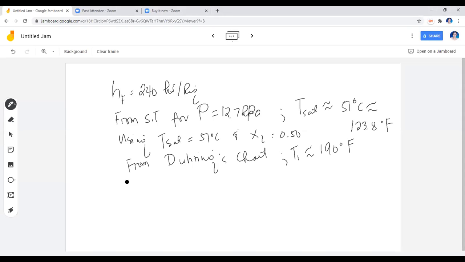So using T1, more or less equal to 190 degrees Fahrenheit, and XL equal to 0.5, you'll be getting HL from the concentration diagram. So that concentration diagram is this.